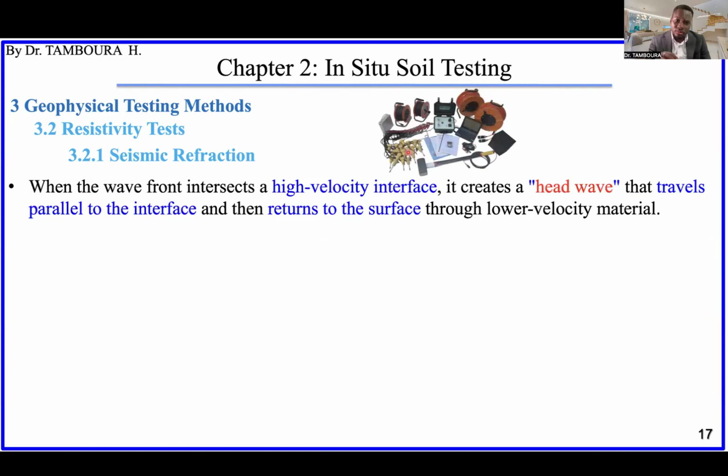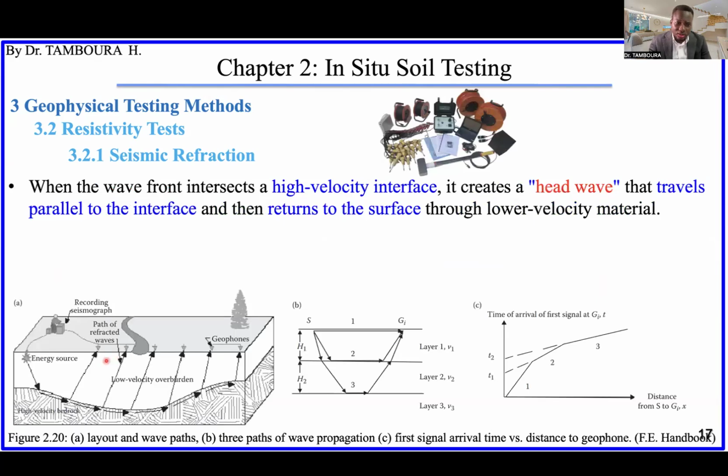So when the wave front intersects a high velocity interface, it creates a head wave. The head wave, here is the explanation. Okay, the source of energy here is an explosion, not hitting with the hammer.